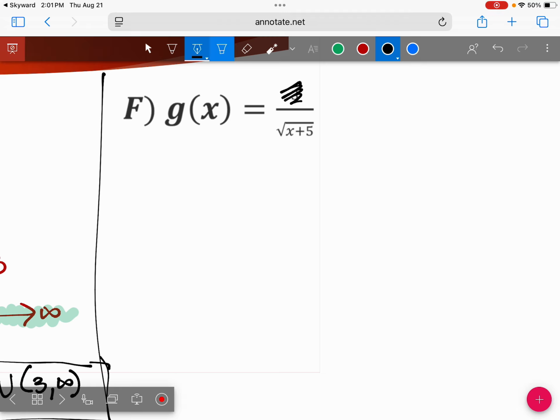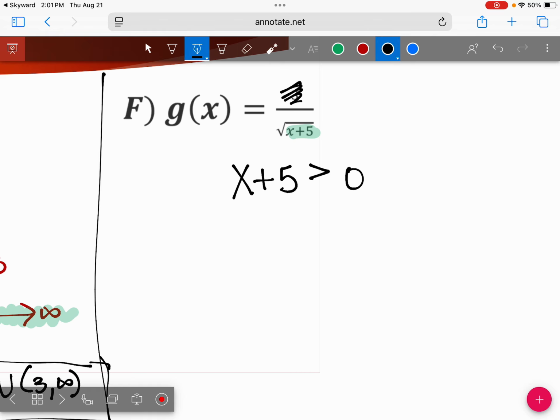So normally when I write my interval, I would say x plus 5, because it's a square root, has to be greater than or equal to 0. But this one is in the bottom. It's in the denominator. So which one of these pieces do I need to take away? The equal to part. That has to go away.